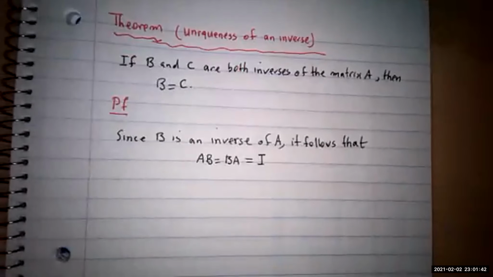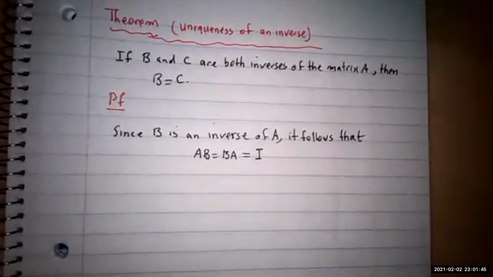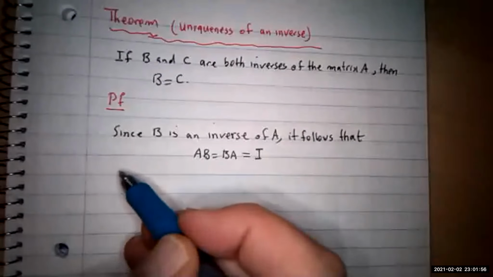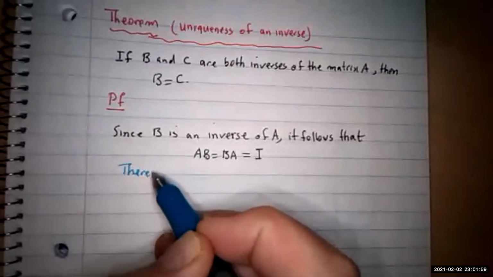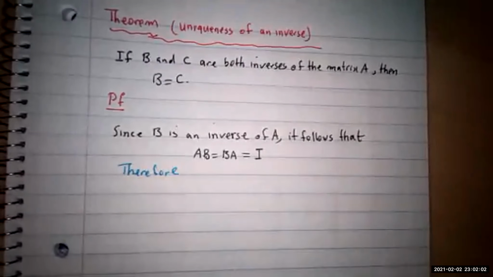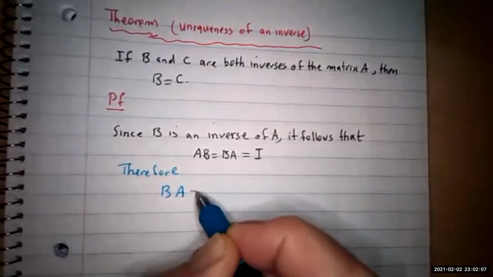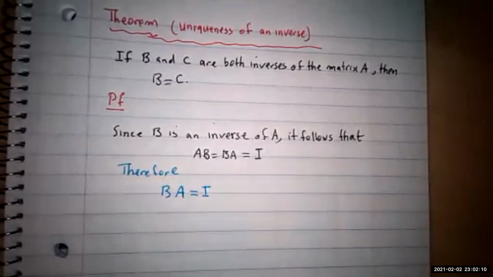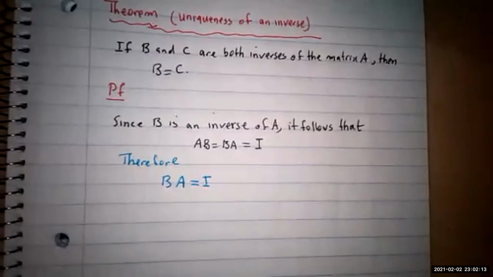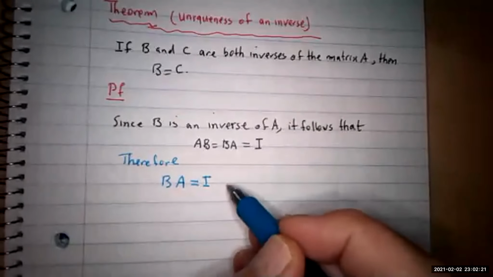Okay, so I want to use this to show that B and C are the same as each other. Just pick one of these. It doesn't matter which one. I have B times A is equal to I. So what I'm going to do is multiply both sides by C from the right.